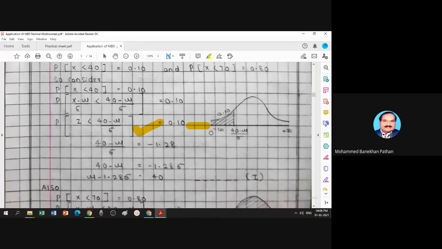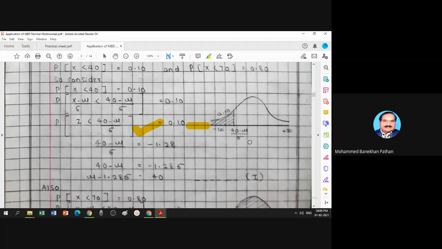Now I want to find this number from the statistical table. This is below 0. Why is it below 0? Because due to symmetry, if I go from the left till this 0 line, the probability will be 0.5. My plot is 0.10, so it is below 0.5.